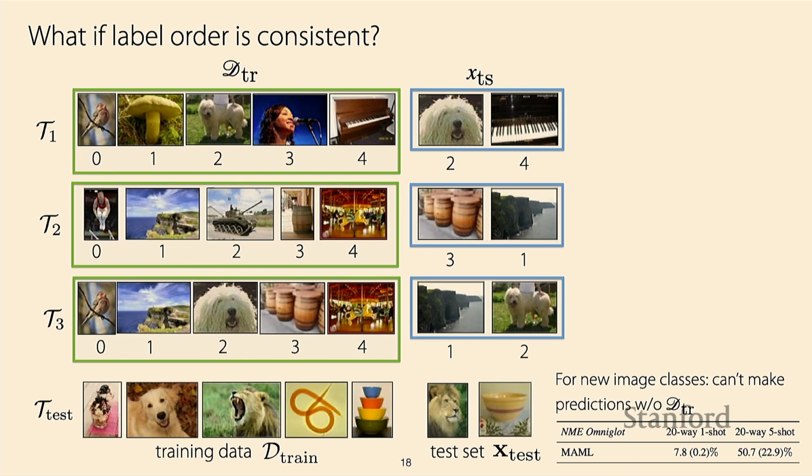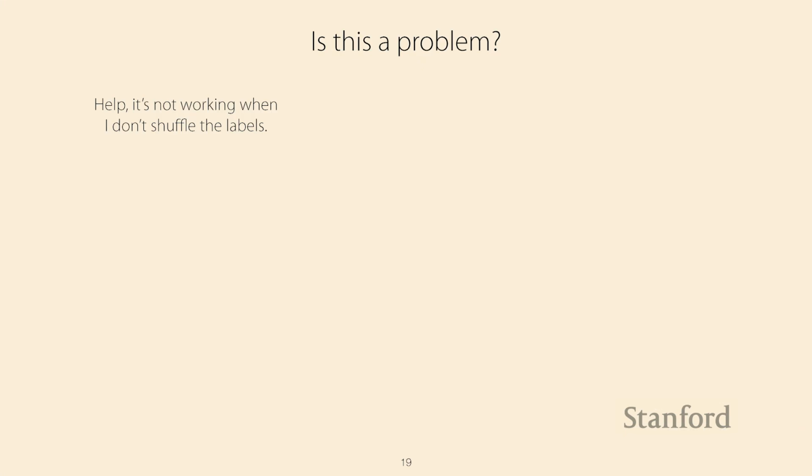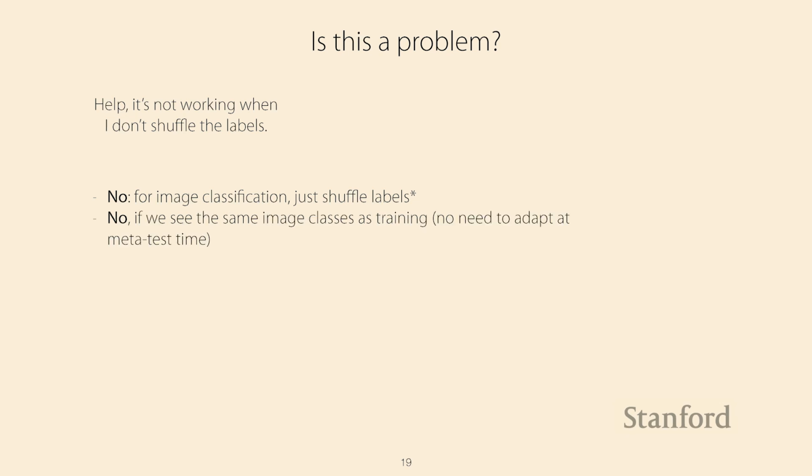Cool. So then there's this question of, okay, we're not shuffling the labels. And when we don't shuffle the labels, this is a big problem. Our performance really plummets. But is this actually a problem in practice? And for image classification, we can just shuffle the labels. It's something that we can do. It's also very easy to do. And so it's not really a problem for image classification problems.